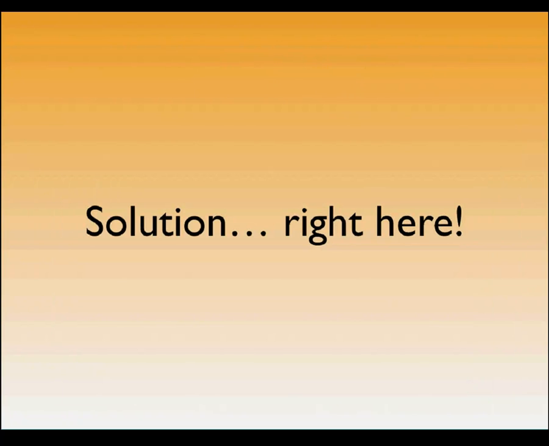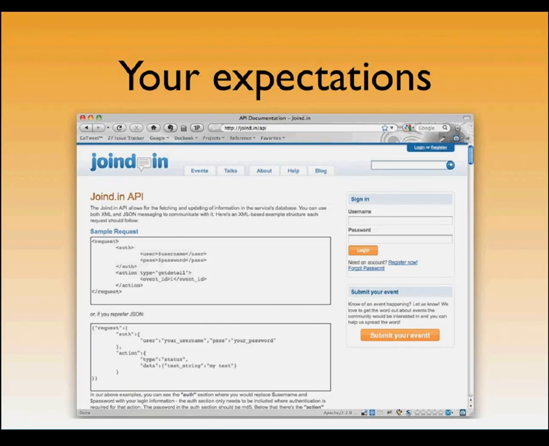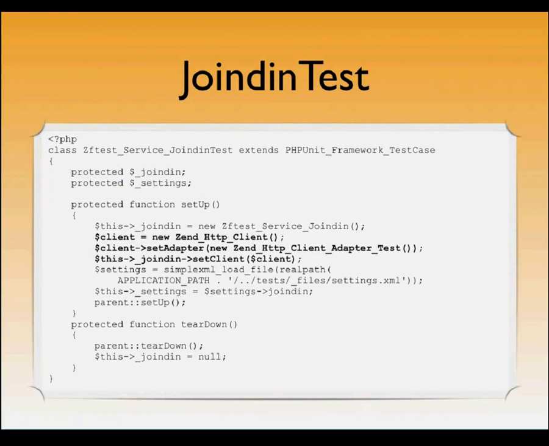So a better approach is that you take the API, mock out your HTTP client, and use the Zend HTTP client adapter test, which allows you to load responses in.